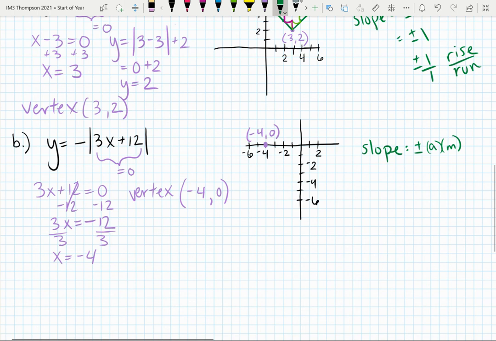Doesn't matter because it's going to be plus or minus either way. And then n is 3. So I get a slope of plus and minus 3. Now, if you prefer to write that as a fraction, you can always do 3 over 1. I need to make sure this opens down. So I'm going to go down 3 over 1, down 3 over 1.